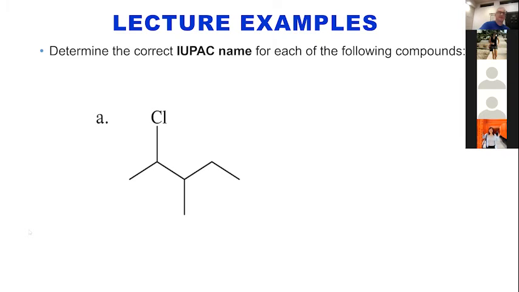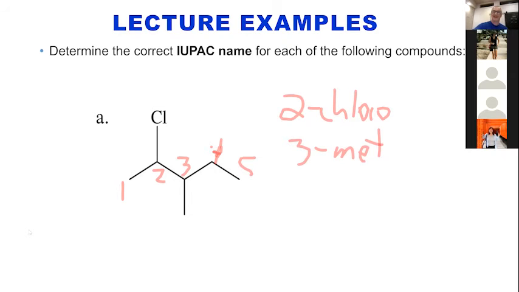Right, pentane, so 1, 2, 3, 4, 5. That gives us the smallest numbers for our substitutions. You watched the video this weekend, didn't you? I could tell because you asked me questions about it last night. 2-chloro-3-methylpentane. Right, so that's the first one.